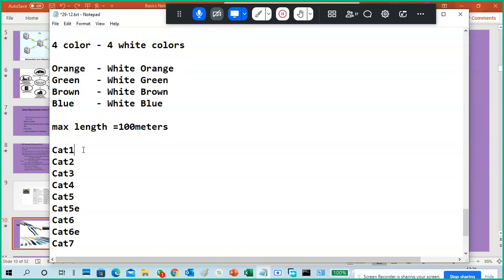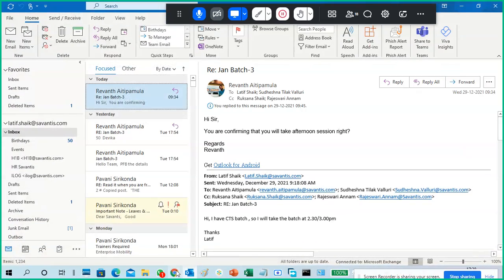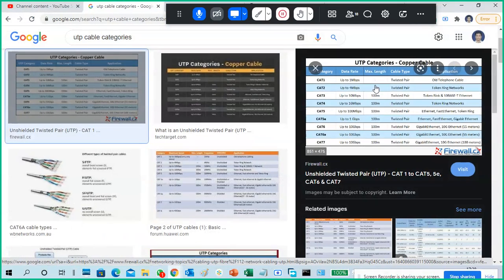The cat 1 connection type is RJ11 and is used for telephone connections. Okay, your telephone cables are there, no? That is a cat 1 cable. So very low speed, like 48 kbps. Okay, telephone up to 1 Mbps, but it is very low speed. Cat 2 is 4 Mbps, Cat 3 is 10 Mbps, Cat 4 is 16 Mbps, Cat 5 is 100 Mbps, like this.